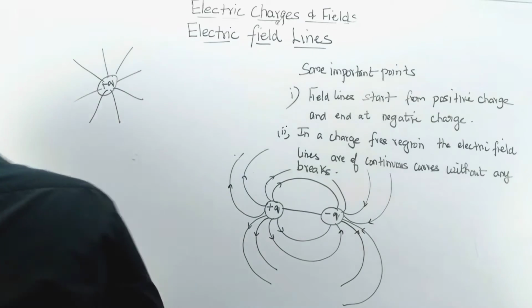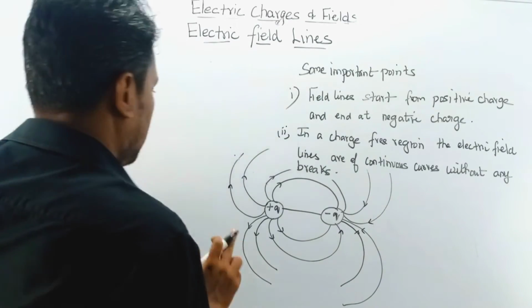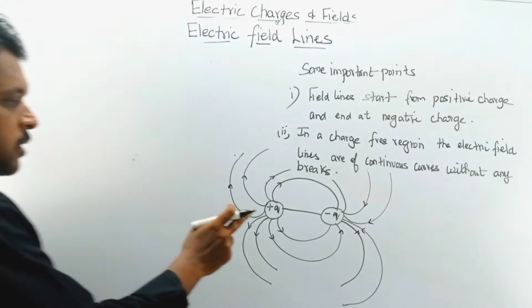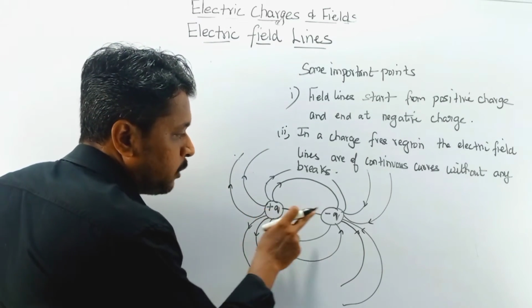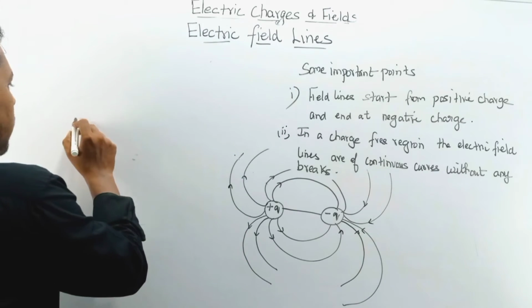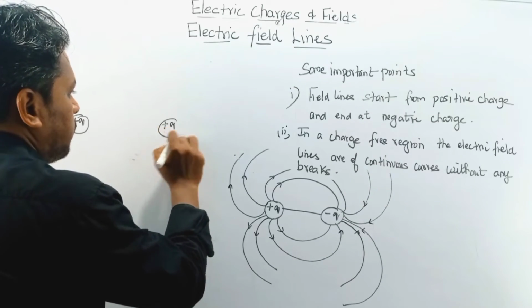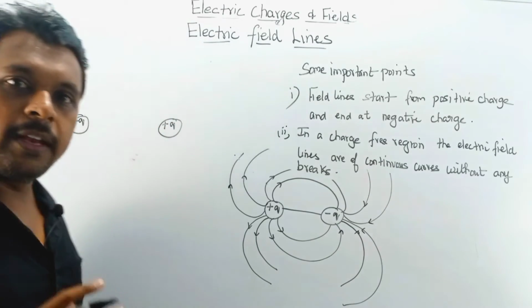With respect to this diagram, we have drawn this representation of the electric field when we have positive and negative charges. So what happens when you have both like charges, that is, both positive or both negative? How will you represent the electric field?